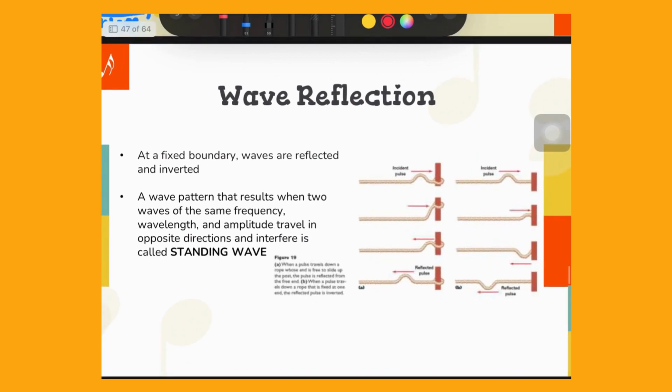And then the other property of wave is that it can be reflected. At a fixed boundary, waves are reflected and inverted. Inverted means in the opposite position.